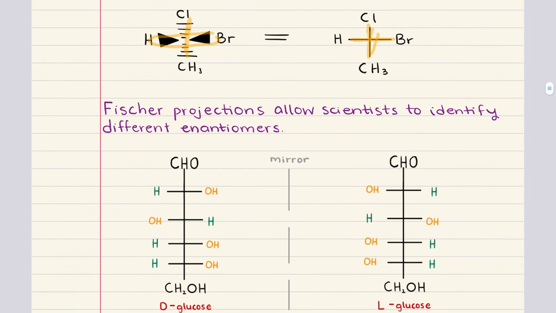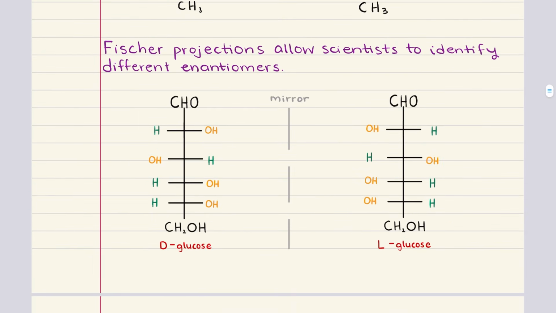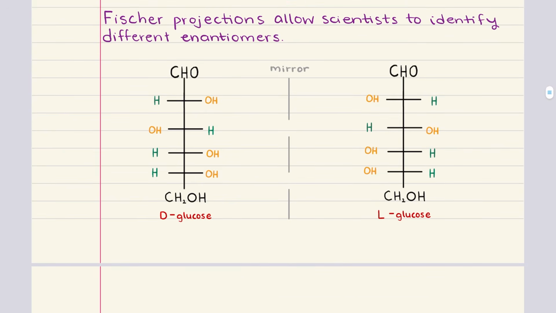Now let's take D-glucose as an example. If we look at the chiral carbon that's the farthest from the carbonyl, which is carbon 5 in this case, the hydroxyl group is on the right. That makes it a D sugar.